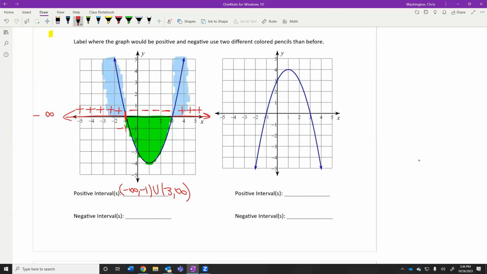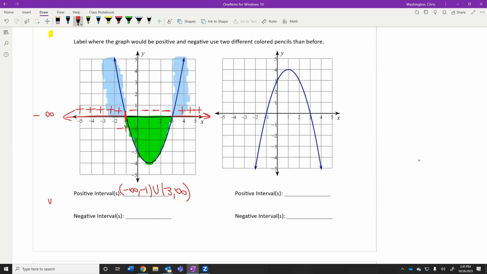It's not a debate on whether I use parentheses or brackets. We have to use parentheses because the y value when x equals -1 is 0, and 0 is not a positive number. The same is true for 3. The y value when x equals 3 is 0, and 0 is not a positive number. So we cannot include the -1 and 3.